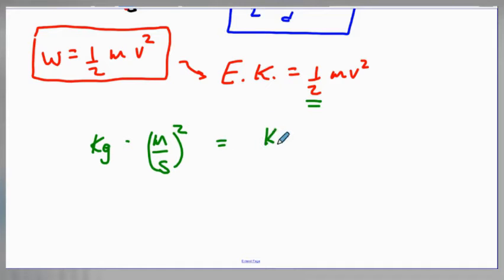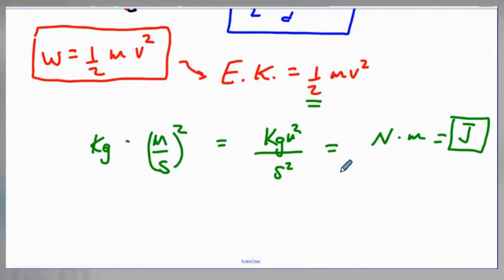And so I've got kilograms meters squared per second squared. And that's the same thing as saying a Newton times a meter. That is the same thing as a joule. And we know that joules are the measure of work and energy.